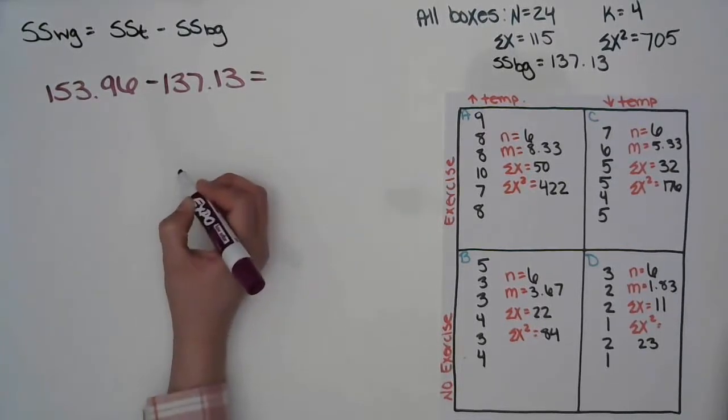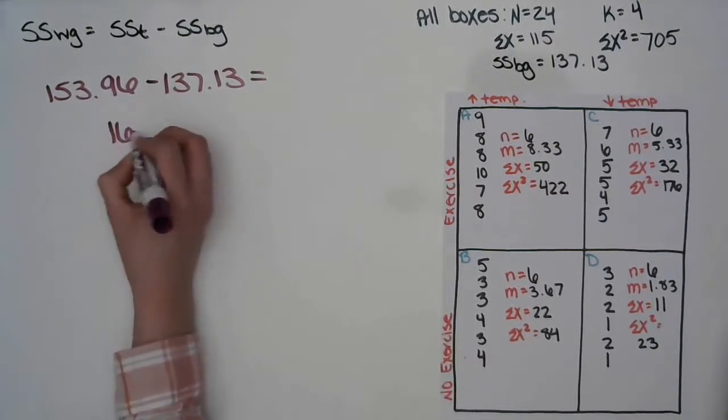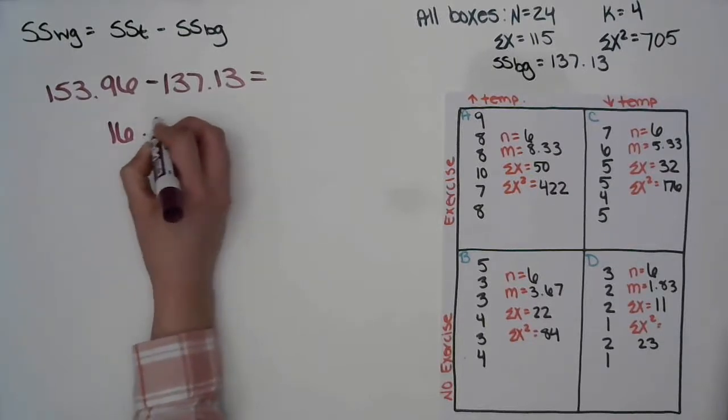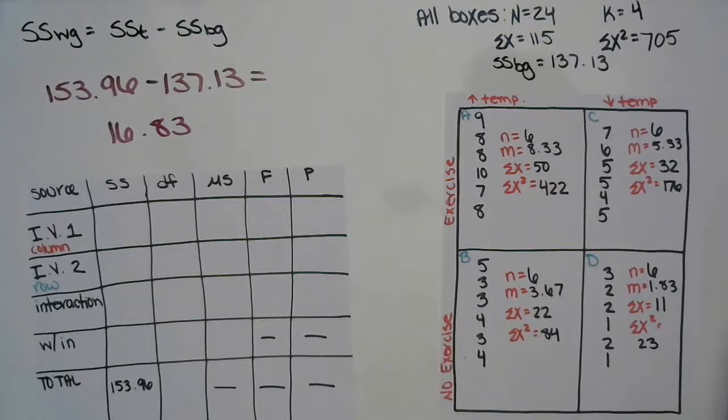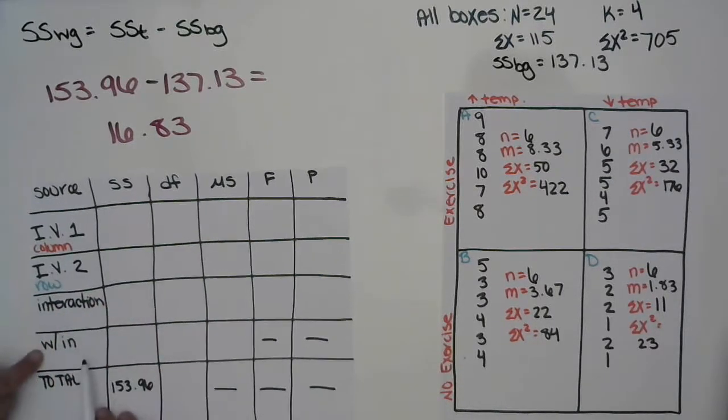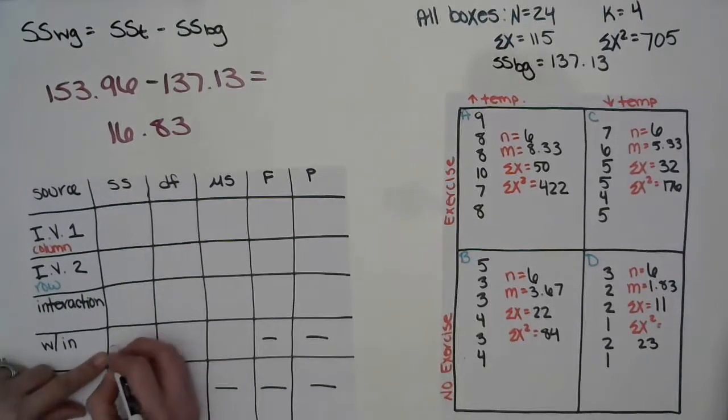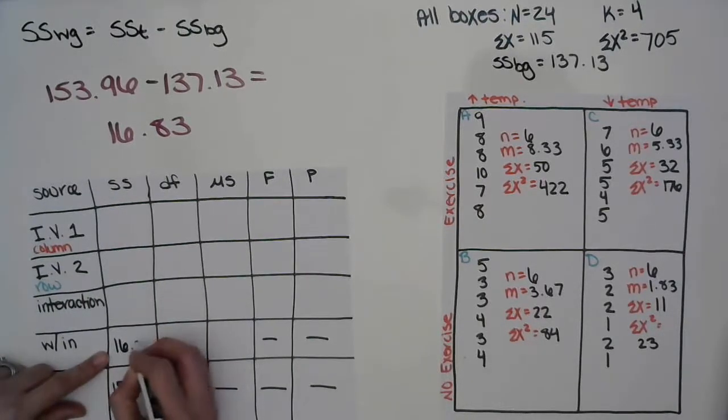When we subtract those, that gives us 16.83. We're going to write that into our table for the SS within groups right here. So that'll be 16.83.